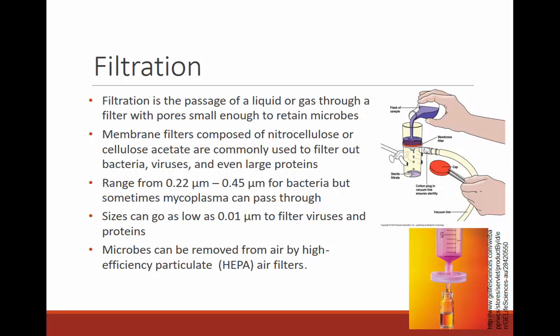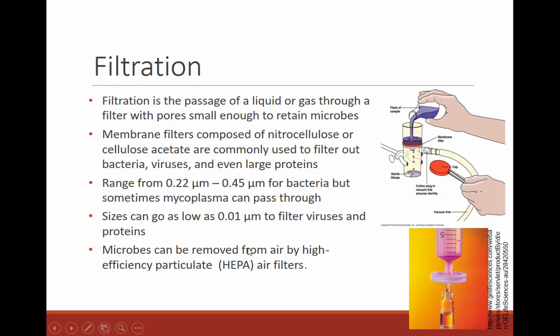That means that viruses will go through, but bacteria won't. You can get much smaller pore sizes to filter viruses and proteins if that's what you need.